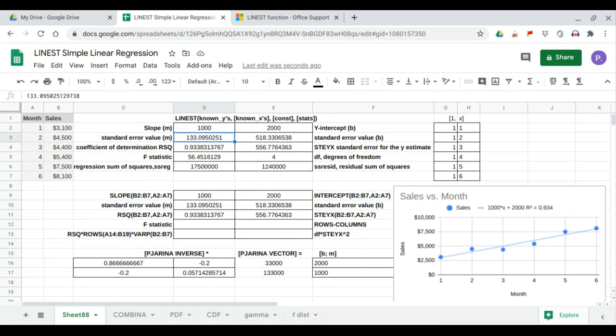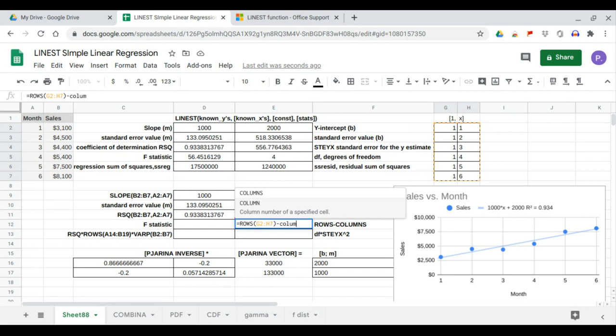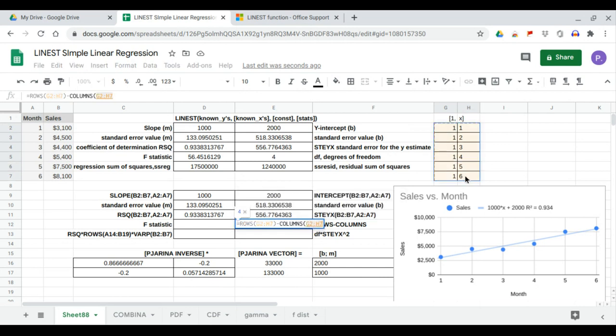Now we can calculate the degrees of freedom, which is rows minus columns. So rows of the 1 comma x matrix minus columns of the 1 comma x matrix.